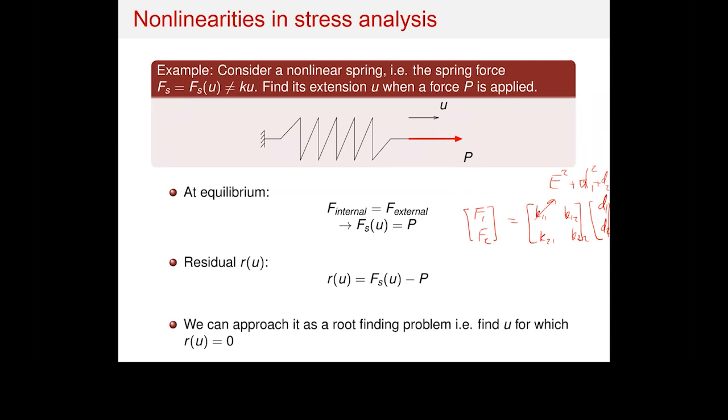I'm not going to discuss this in the context of the finite element yet. I'm just going to introduce the method itself, the Newton-Raphson method, and then we are going to discuss how to implement this in the context of the finite element method.